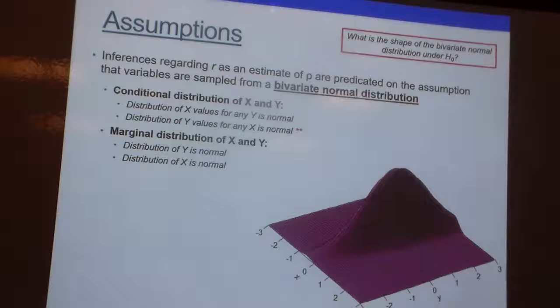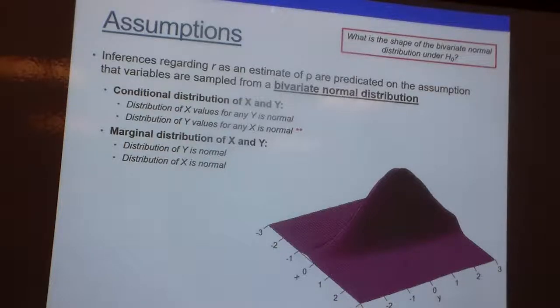Okay. So what would be the shape of a bivariate normal distribution under the null hypothesis? So if x and y have no relation at all, what's the bivariate normal distribution going to look like? Any ideas? Yeah. So if the relation between x and y is truly 0, what would this bivariate normal distribution look like?